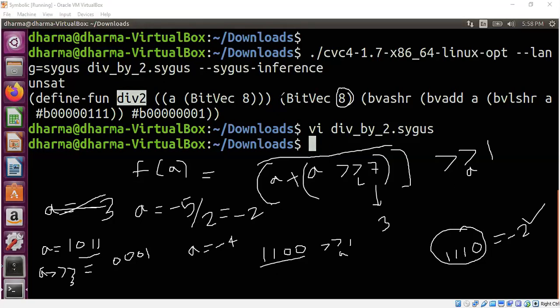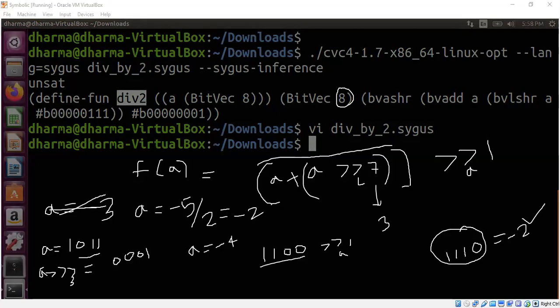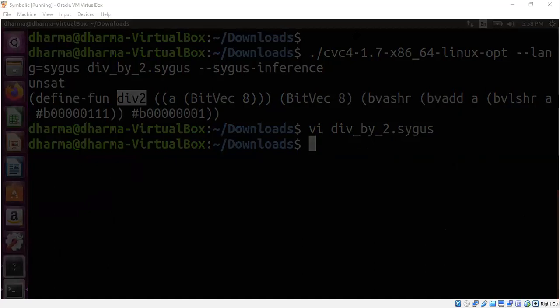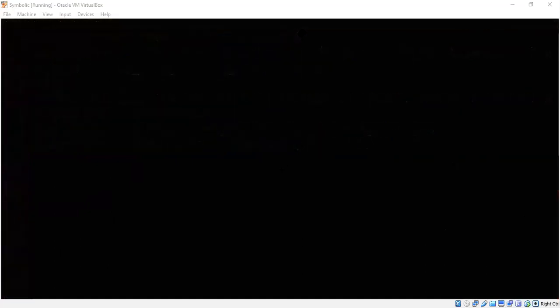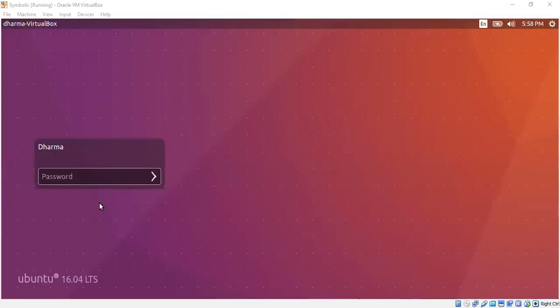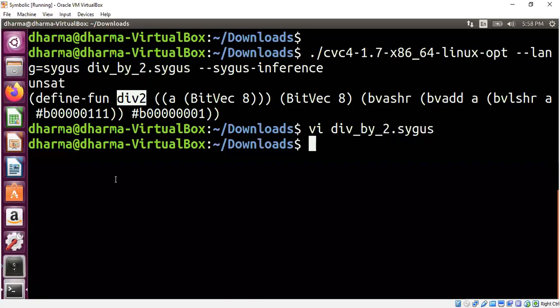So what I'm going to do now is just clear this thing first. And I will now show you the scenario when I try 4, 8, and 16, and then we can generalize it to 2 power k. That's my goal.